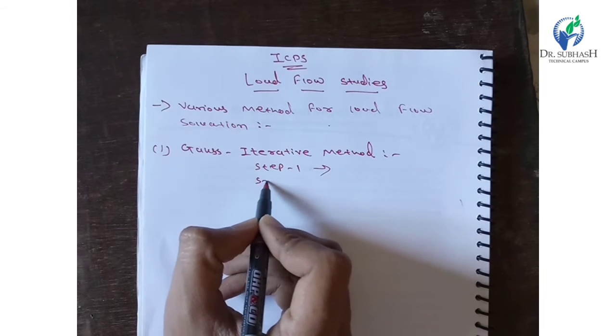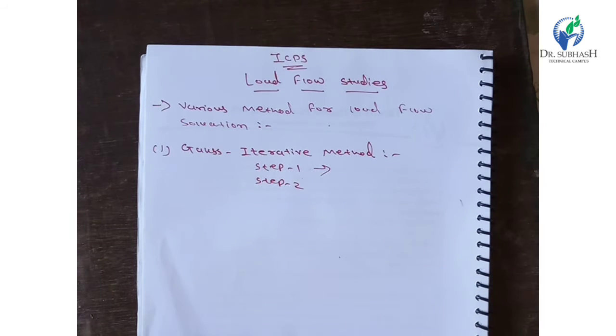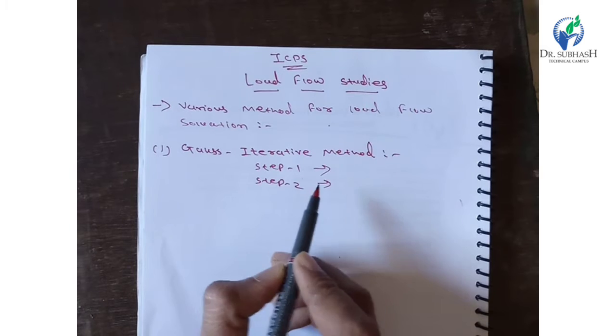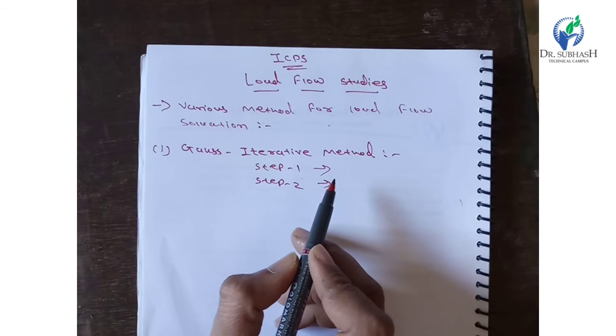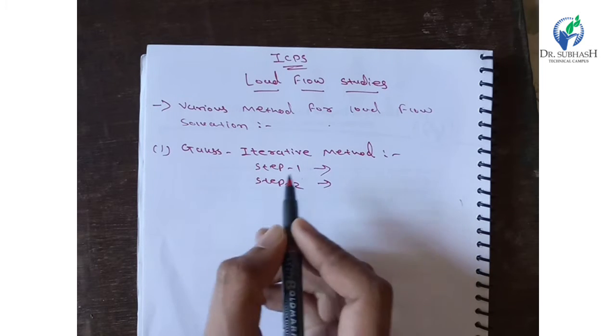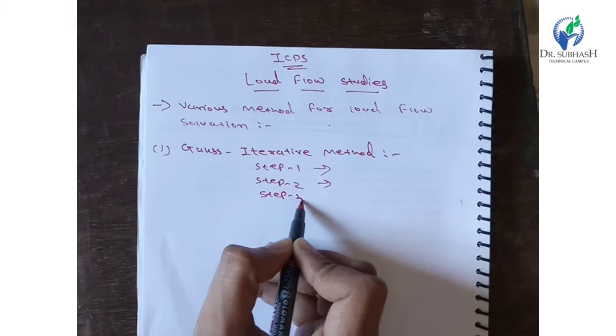Next, step 2: this solution is used in conjunction with the original equation to compute a new and more accurate estimate for the solution. So the second step is important.